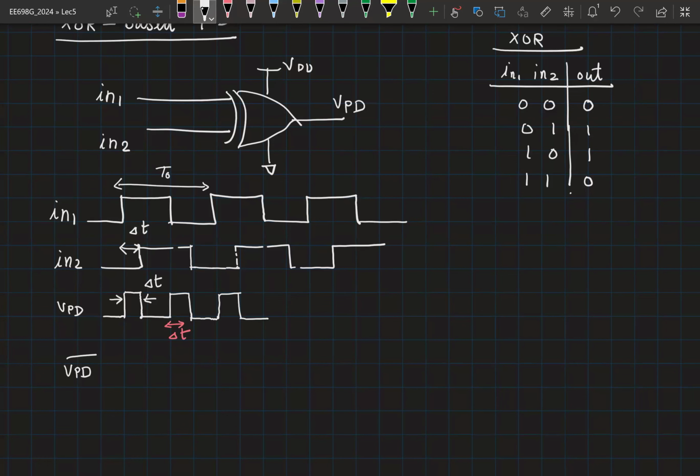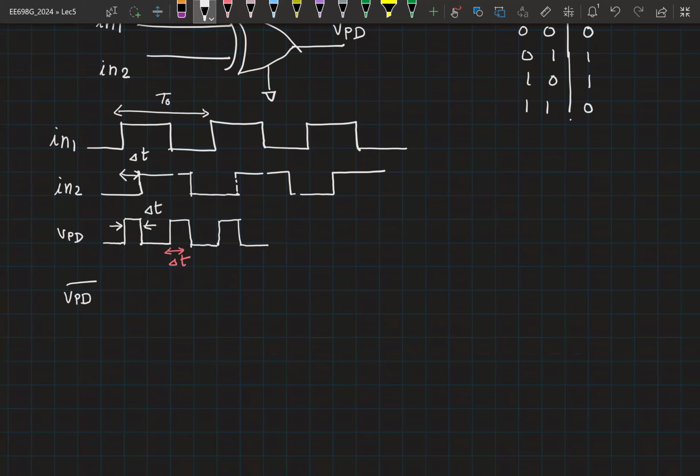And then this portion is periodic now. So it repeats, right? What is the period of VPD now? It is periodic with T0 by 2. This is assuming 50% duty cycle for in1 and in2, right?